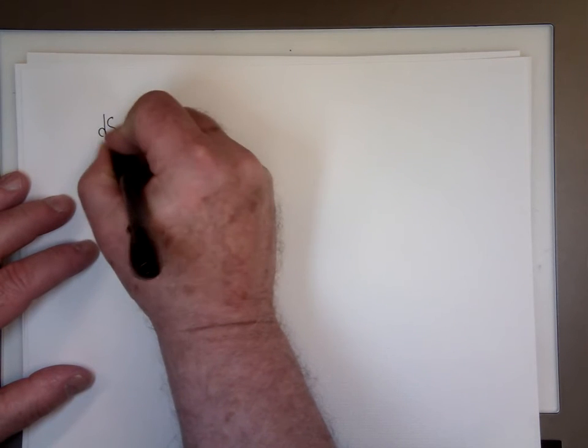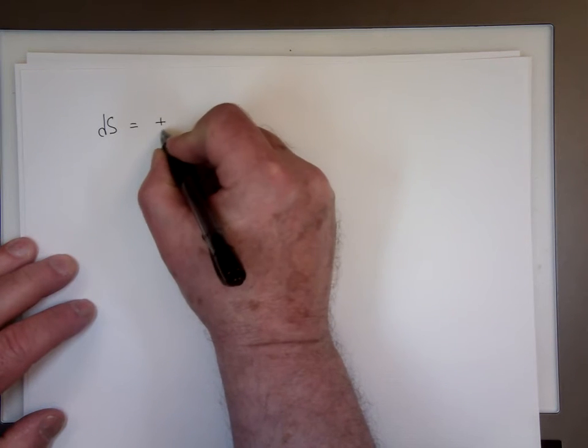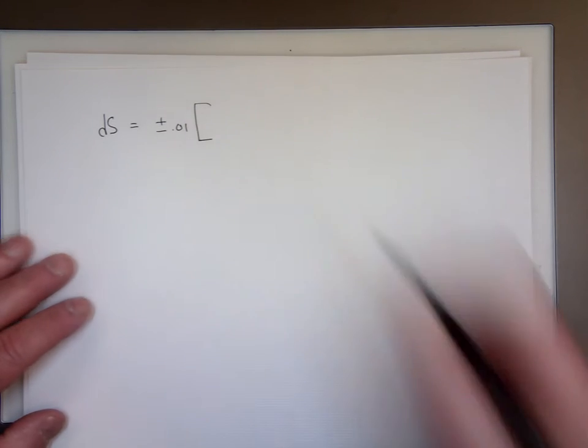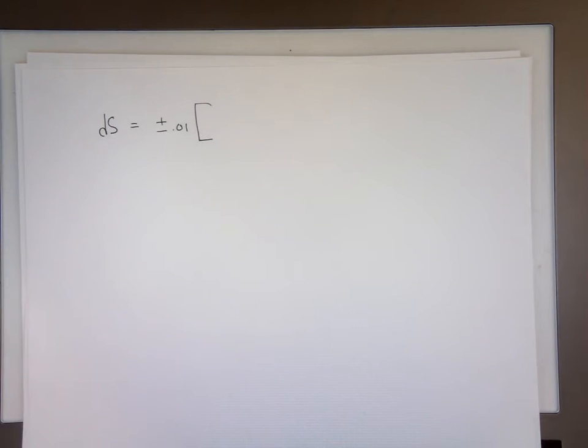So here's what we have. dS, the error in S, is equal to... well, here's what I have. I've got a 0.01 in each of those three terms that I'm going to take out front. Now, in the first term, that leaves me with an L times that 2W plus 2H.